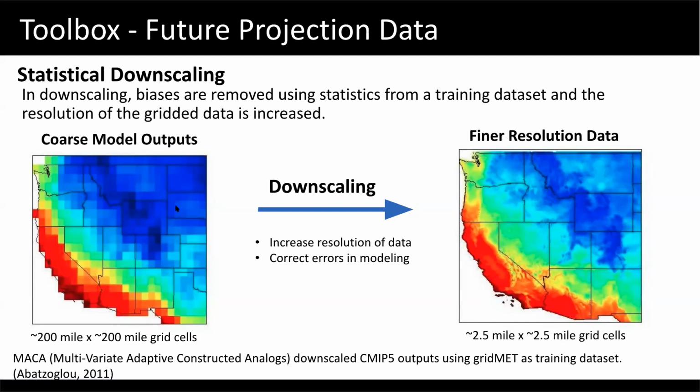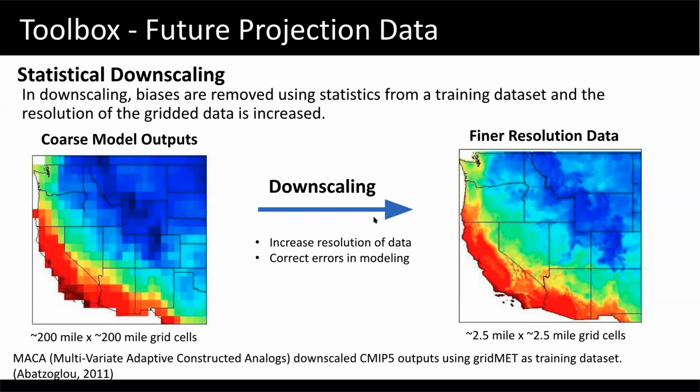So to correct these biases between the model and ground observations, and also to increase the resolution of the data, we apply a statistical downscaling utilizing the same gridded observations from the historical data in the toolbox, which is the GridMET data.